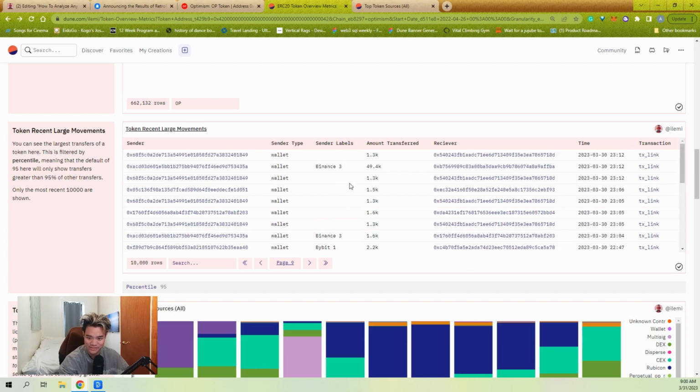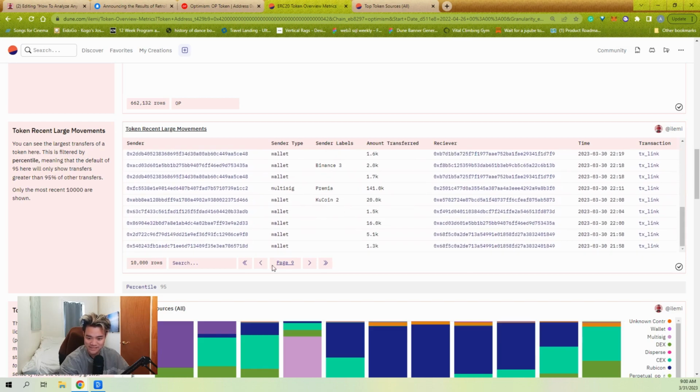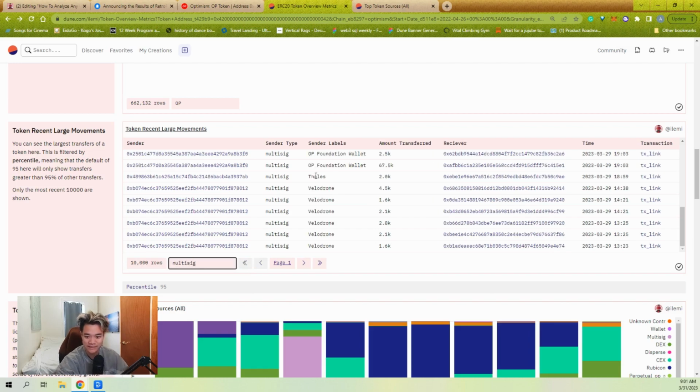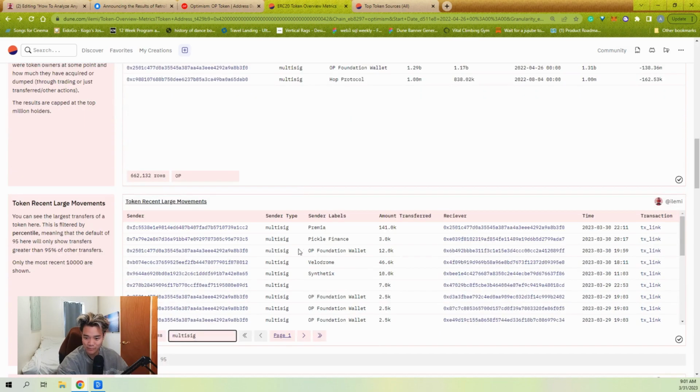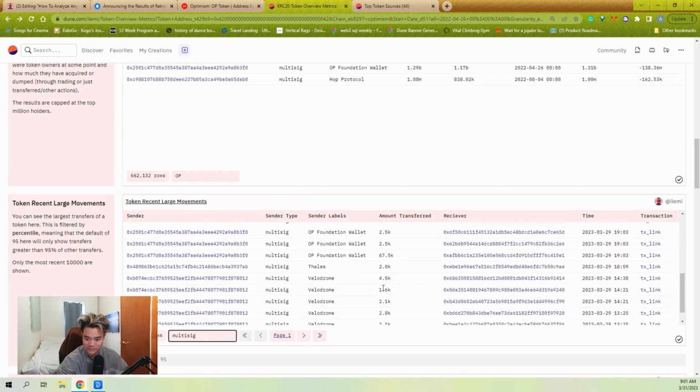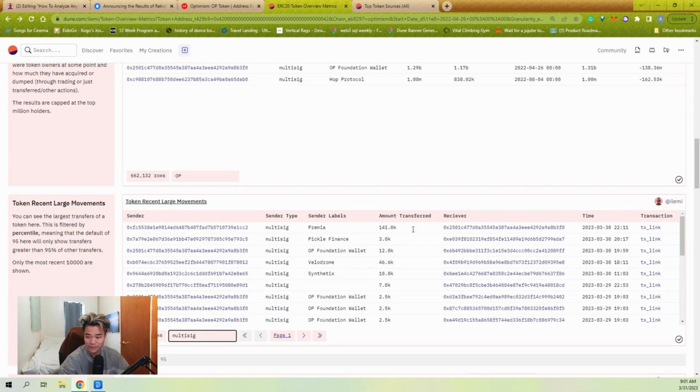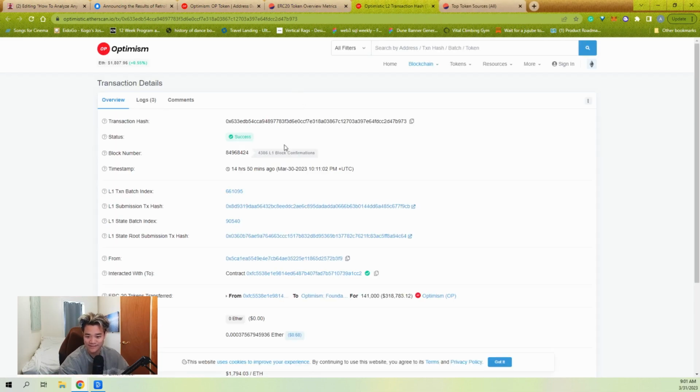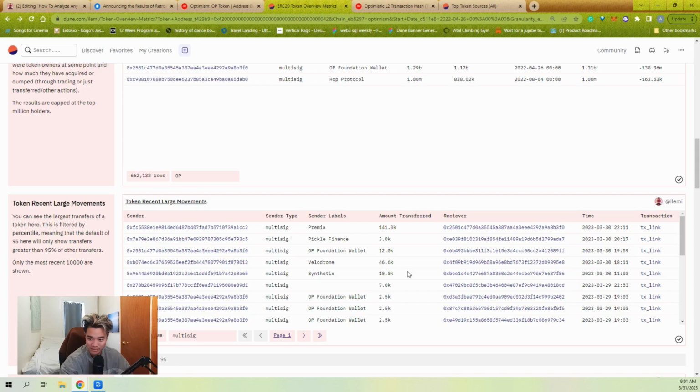You can see a lot of the transfers are from centralized exchanges, but it can be helpful to search multi-sig and get a sense of what all the multi-sig transfers have been. This one was 141K, which is a lot. If I click into it, I can see it was transferred to the Optimism Foundation wallet. So that's probably just them giving something back. But this is good to note and look over time, and even in the last week, all these wallets that are multi-sigs have been pretty active.